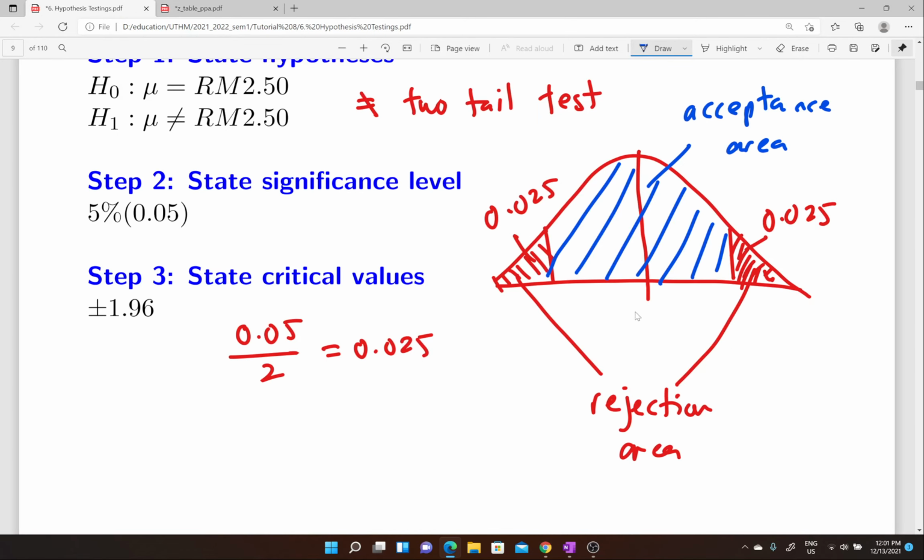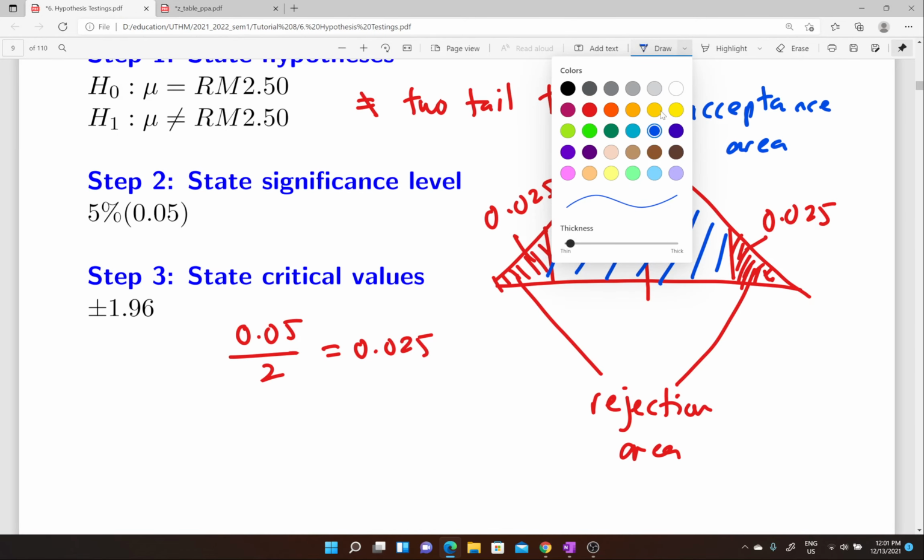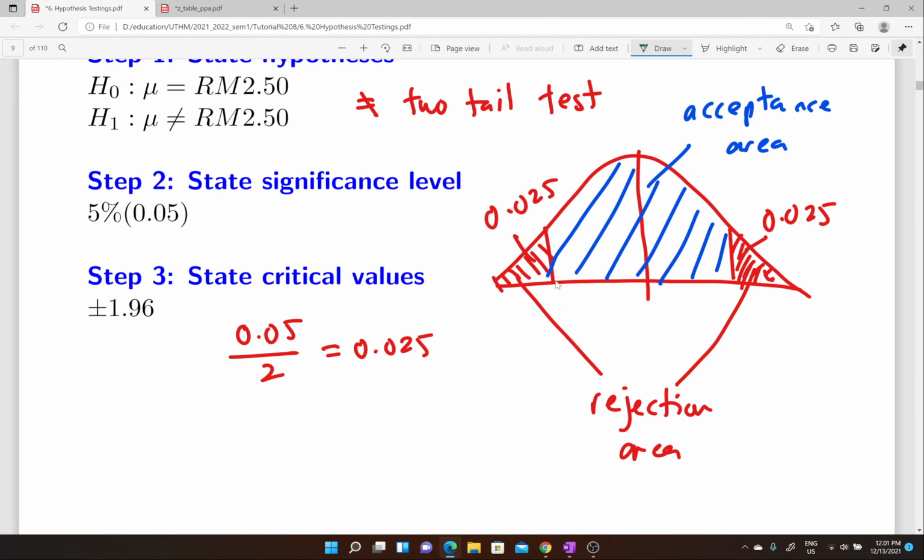So this one is negative 1.96, this one is positive 1.96. That's how I get plus minus 1.96. I give you some time to copy this.